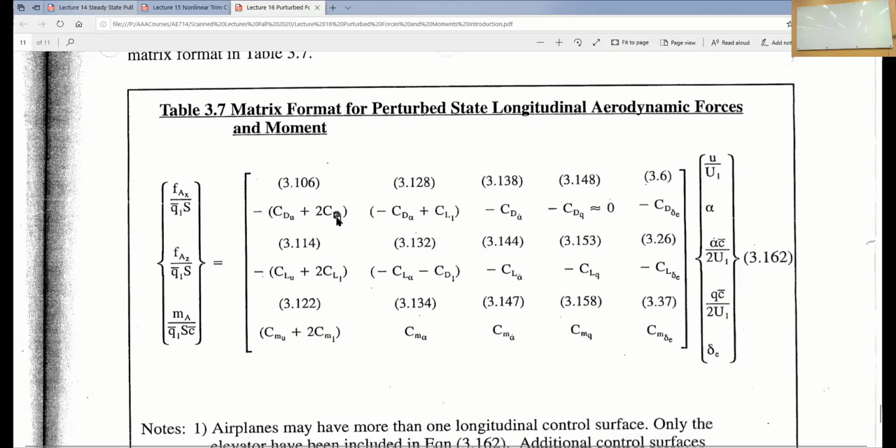But make sure if you have this typo in your book, you fix it. Otherwise, you'll calculate the wrong numbers. And this is what we're doing, is we're filling in each of these parts into this table. And then in some homework problems and exams, you'll be pulling up this matrix and multiplying by the small perturbation variables to calculate the forces and moments.